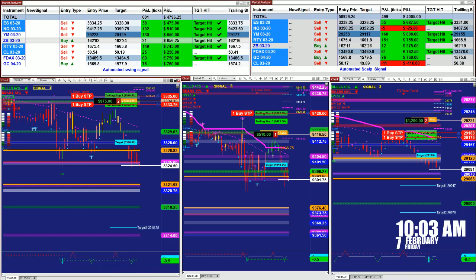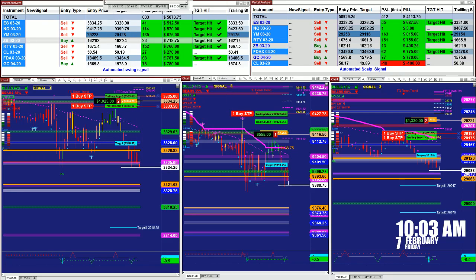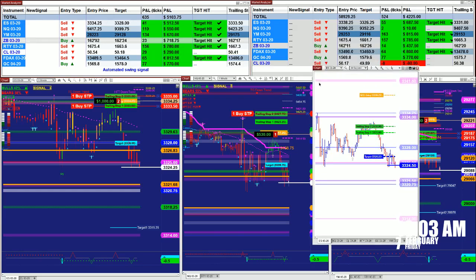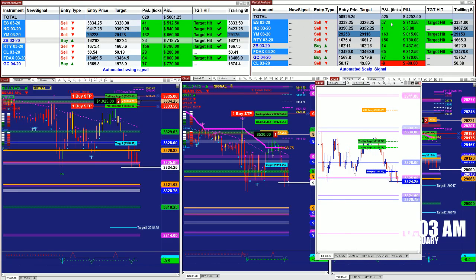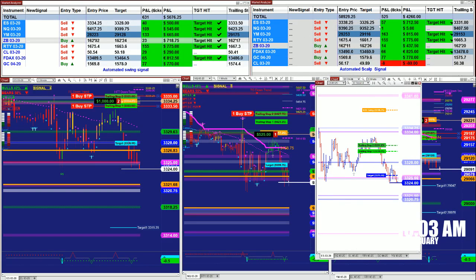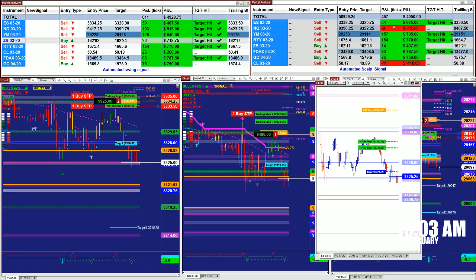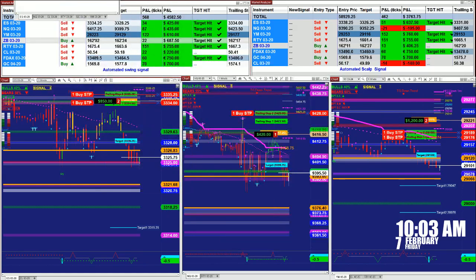Nothing else. So on the scalpers, let's see. On the scalpers, we already hit the target. The scalper had nailed 56 ticks already and is out. So there is not much going on the scalper.